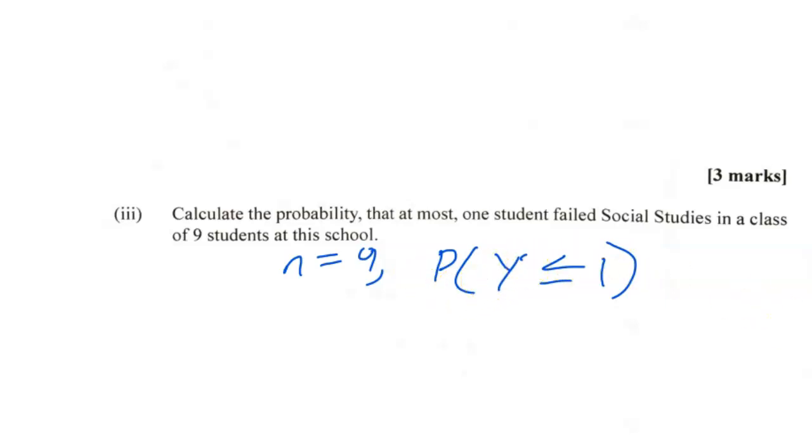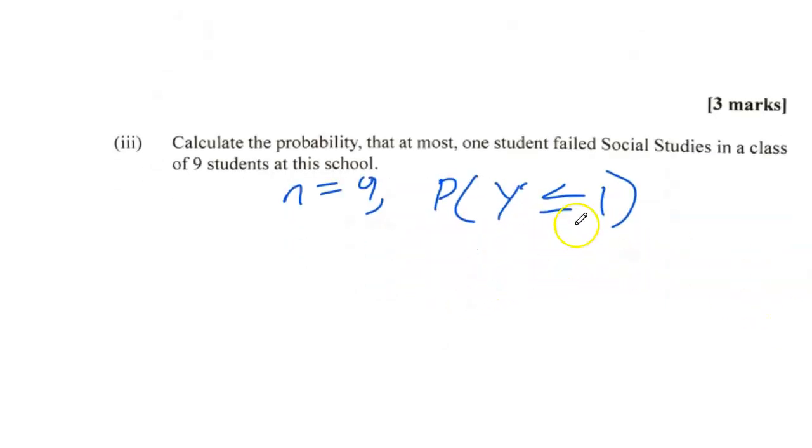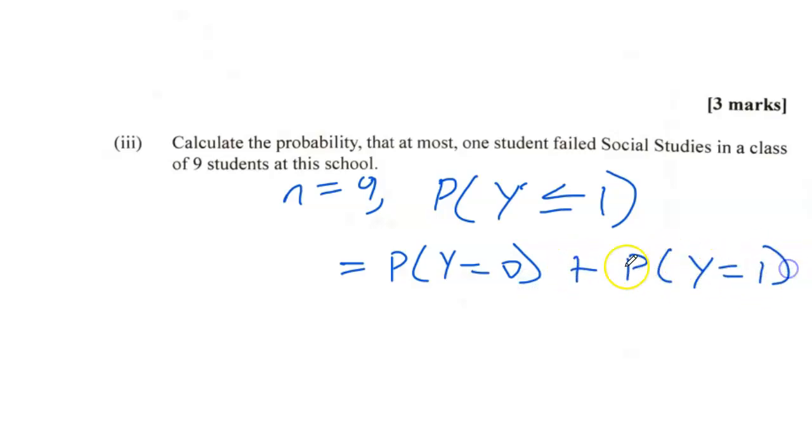The probability at most 1, so Y could be 1 or less. Alright, so that means Y could be 0 or Y could be 1.